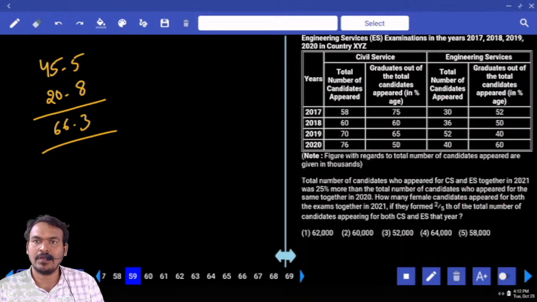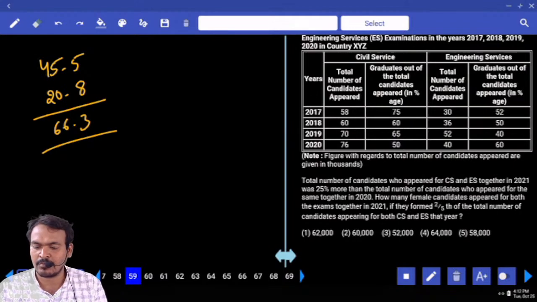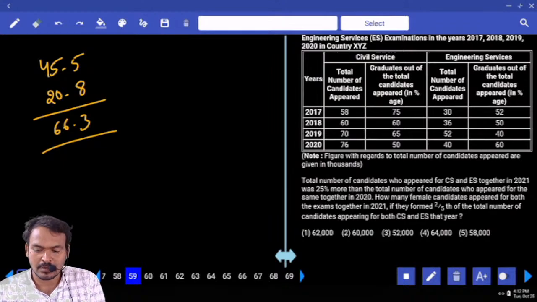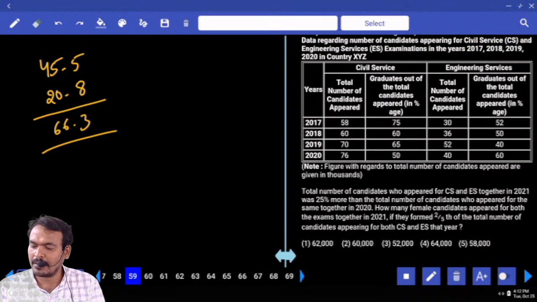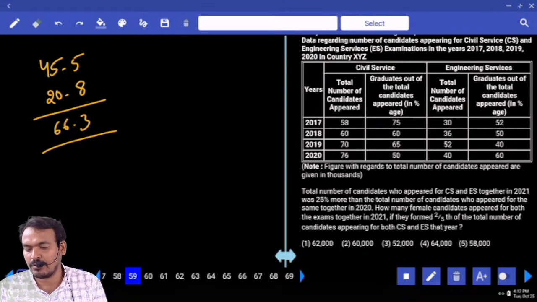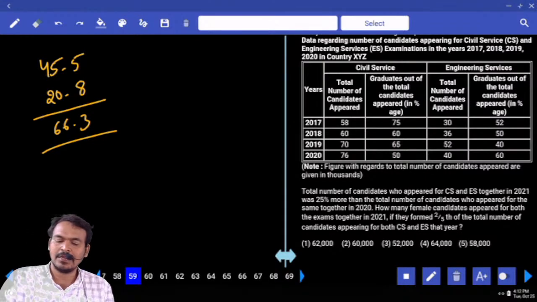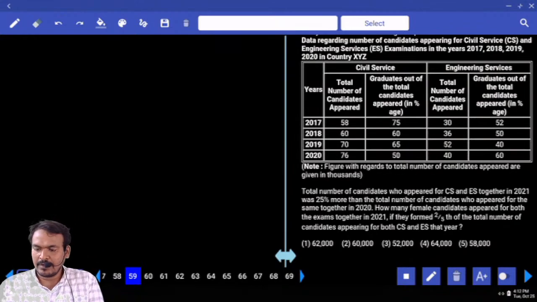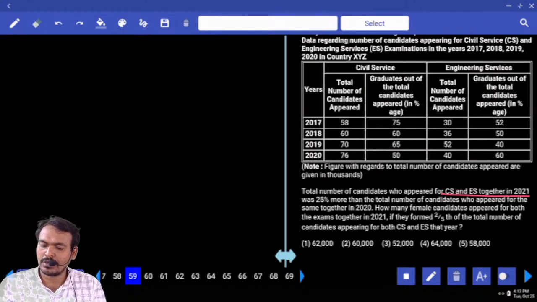Next question, number 59. The total number of candidates who appeared for CS and ES together in 2021 was 25% more than the total number who appeared together in 2020. How many female candidates appeared for both exams together in 2021 if they formed 2/5 of the total number of candidates appearing for both CS and ES in that year? First, 2021 was 25% more than 2020.